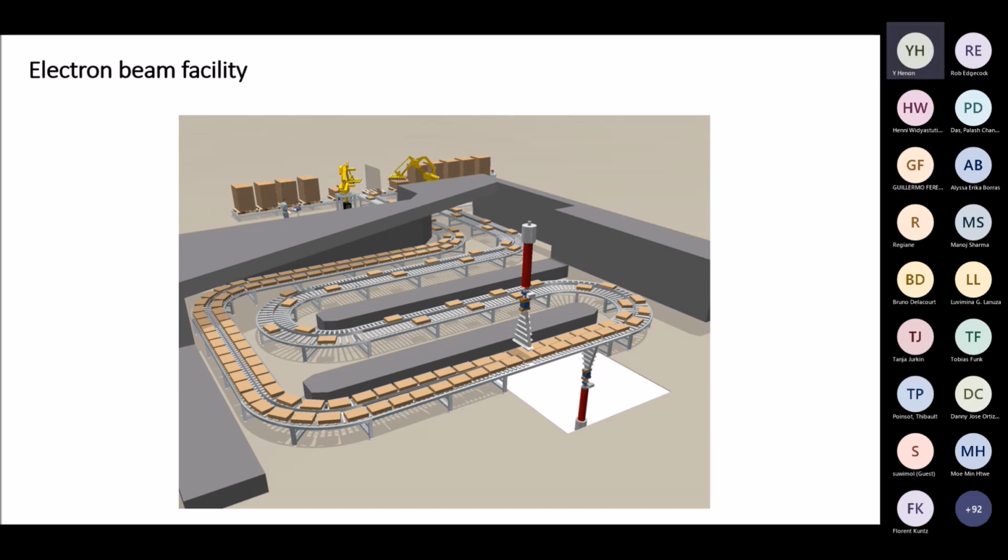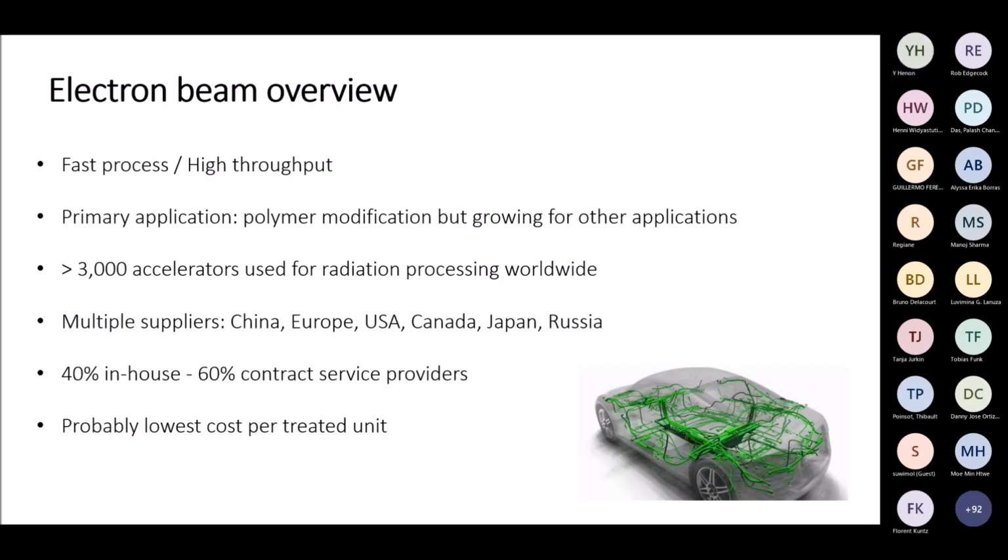Because of the limited penetration, it's interesting to irradiate from both sides of the carton without having to flip it. The beauty of electron is certainly that they are a fast process, allowing very high throughput. Of course, there's also the possibility of switching them off.